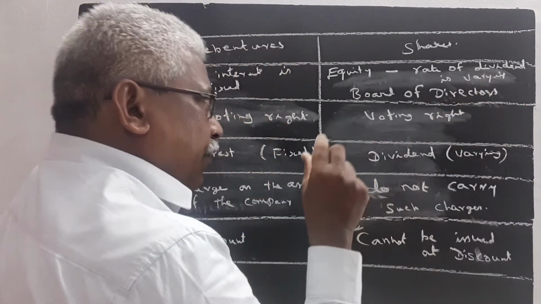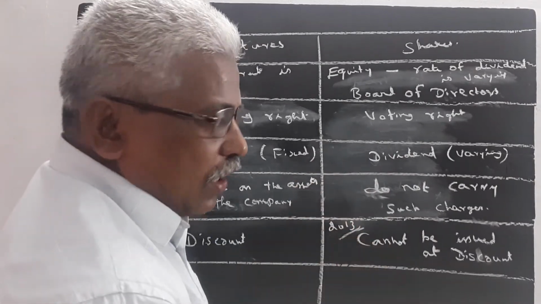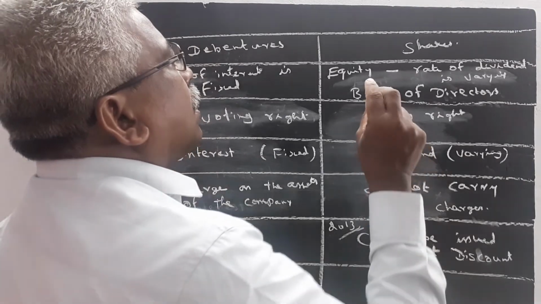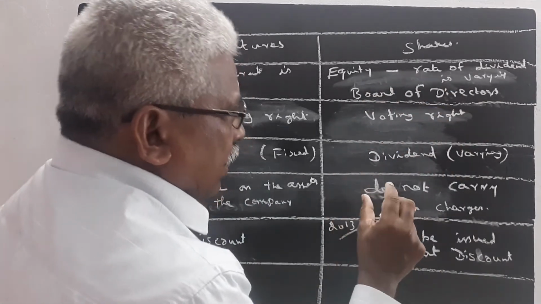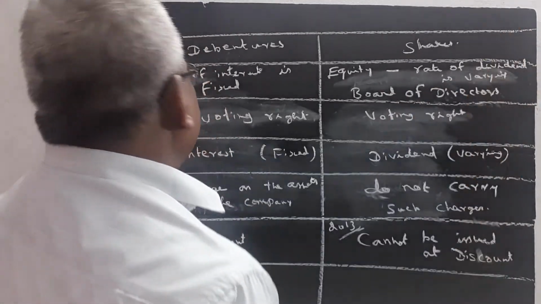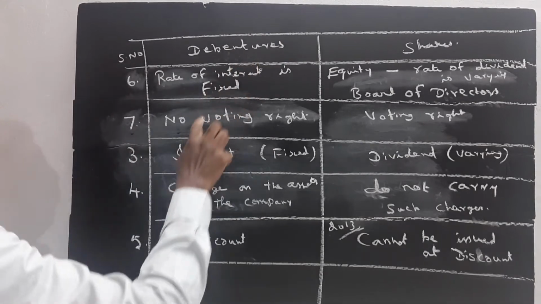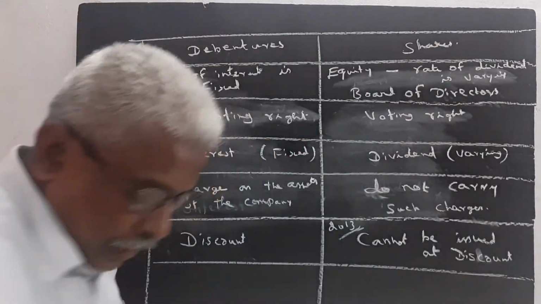The declaration of dividend and distribution of dividend are the decision of the board of directors. If the board of directors decide, then only dividend is declared. Then the debenture holders have no voting right, but the shareholders are having the voting right.